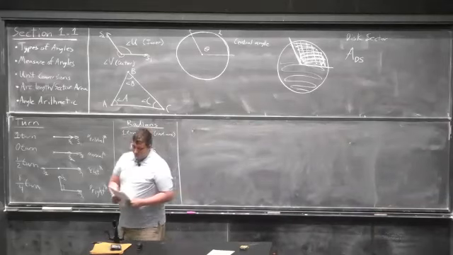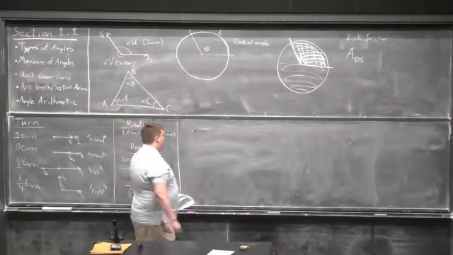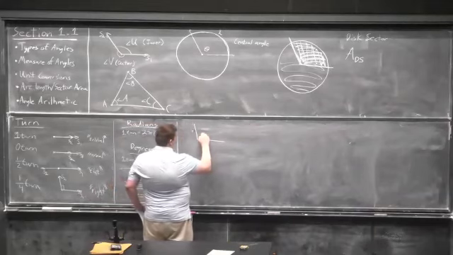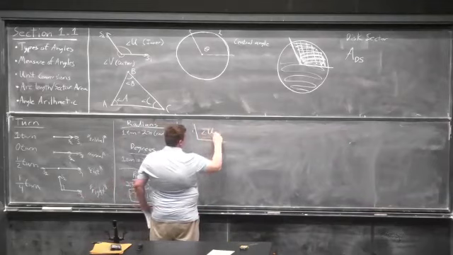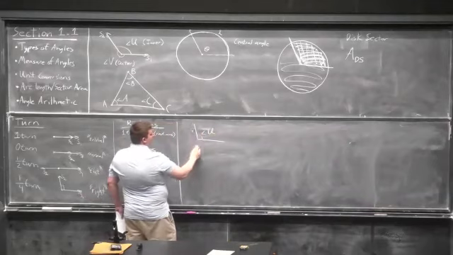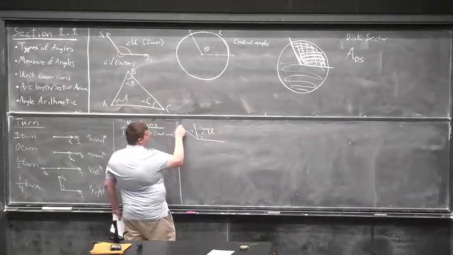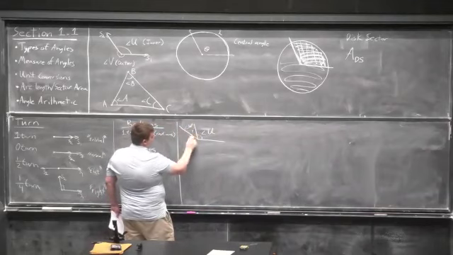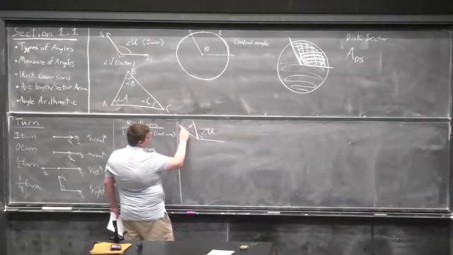If I was to say that I had an angle U here, and I had angle W, and that was here, defined by these two rays.